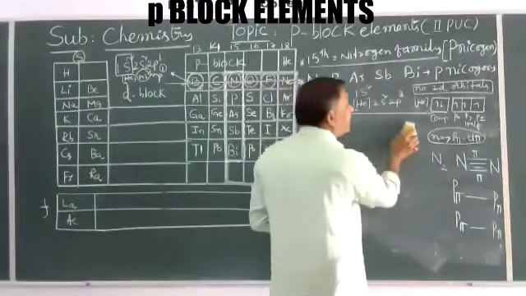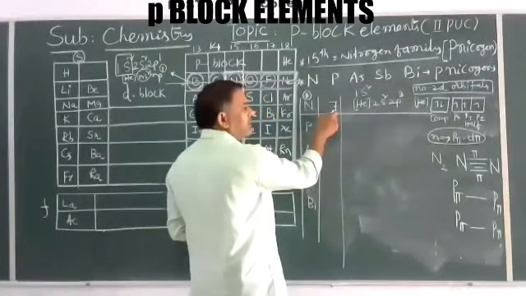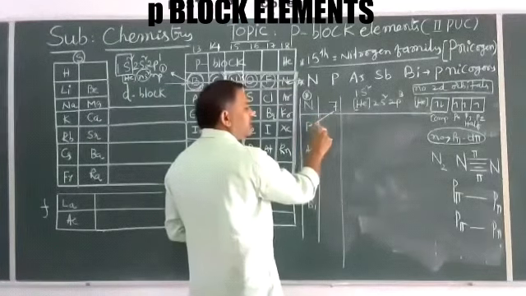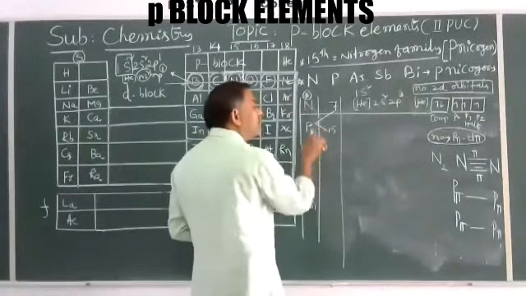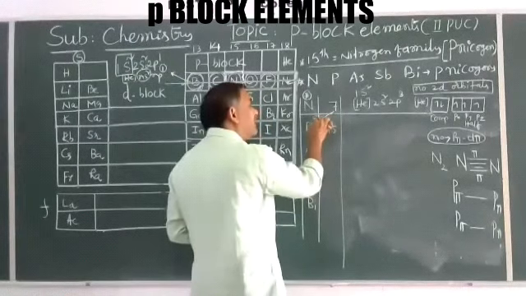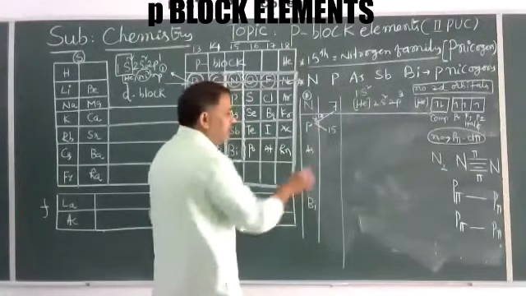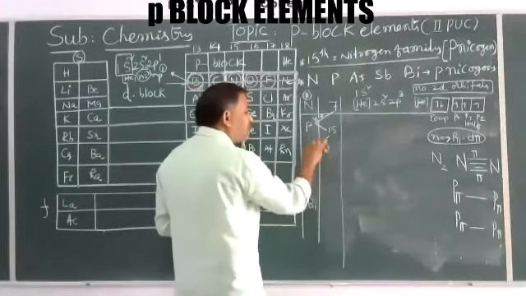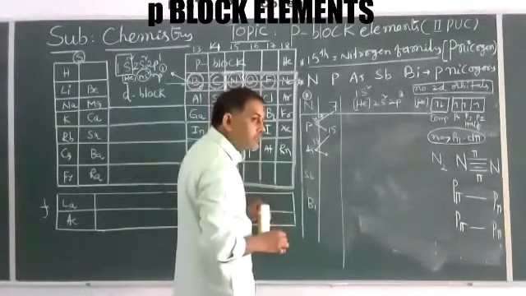Whereas in the case of phosphorus, to get the atomic number from nitrogen, just add 8. 8 plus 7 is 15. Now to this 15 add 18. Arsenic's atomic number is 33.